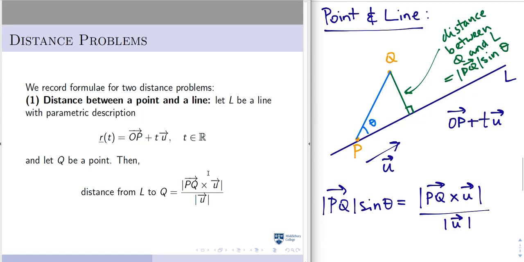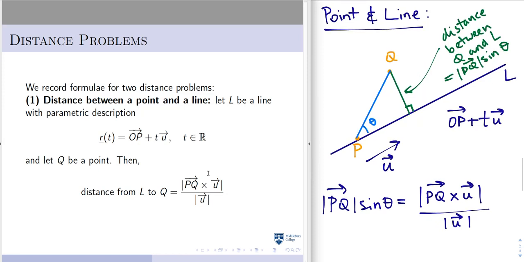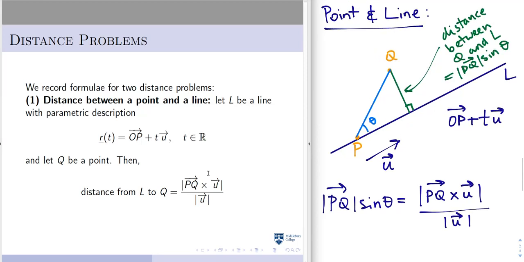Given a line L with the parametric description and any point Q, not necessarily on L or not on L, the distance from L to Q is given by this formula. I'll let you think about this geometric picture, and if you have any questions, then please let me know.